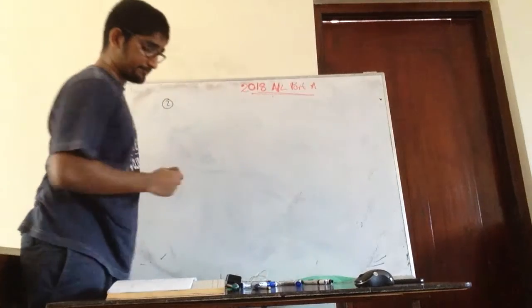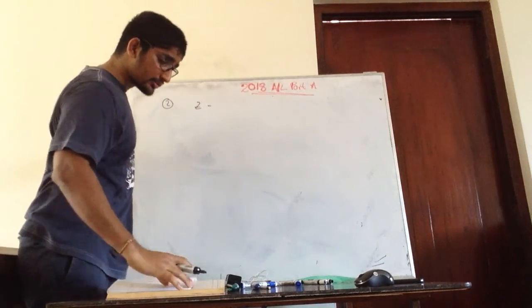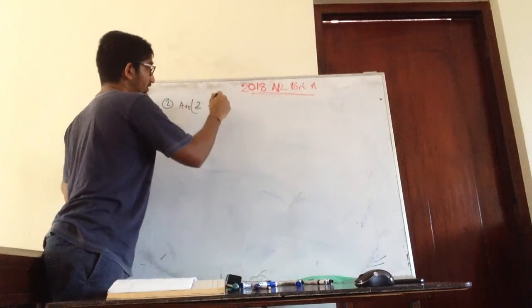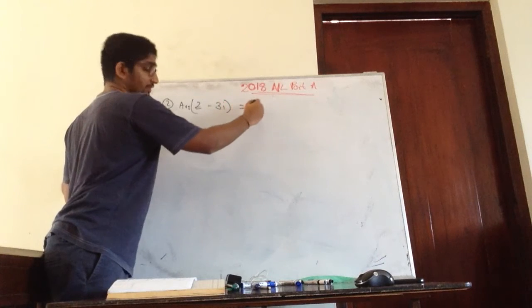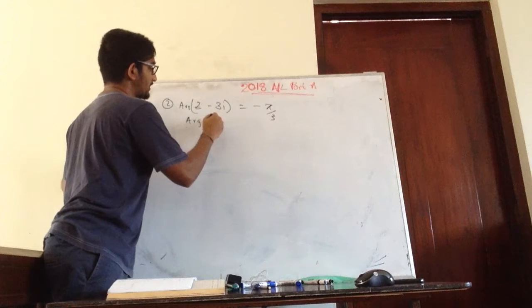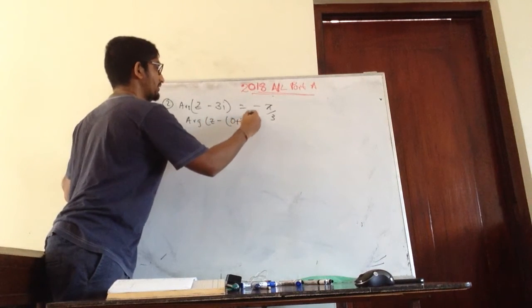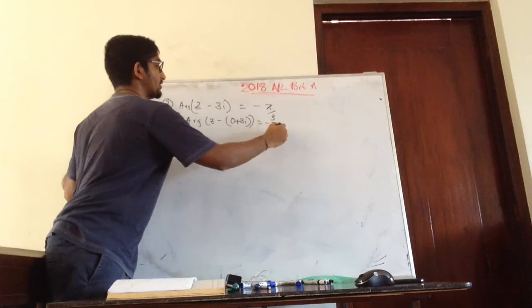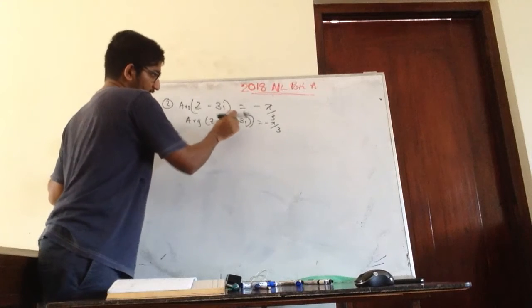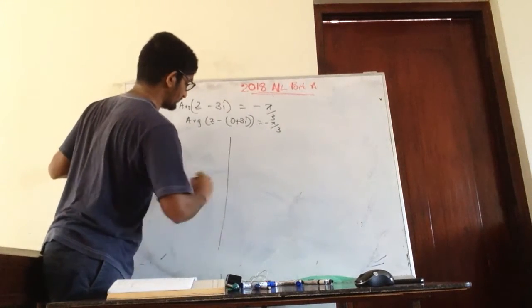Right, so the complex number is z, so argument of z minus 3i is equal to minus 5 over 3. That means argument of z minus (0 plus 3i) is equal to minus 5 over 3. No? Right, so you know that we can take 0, 3 here.